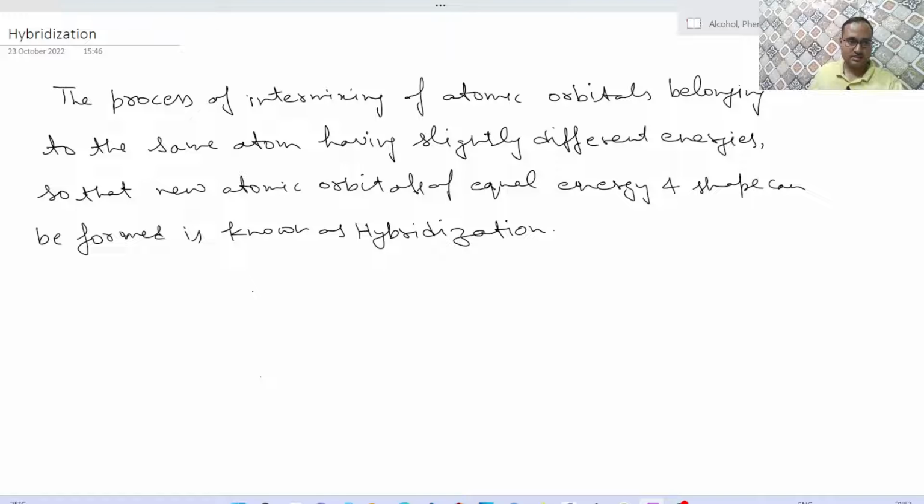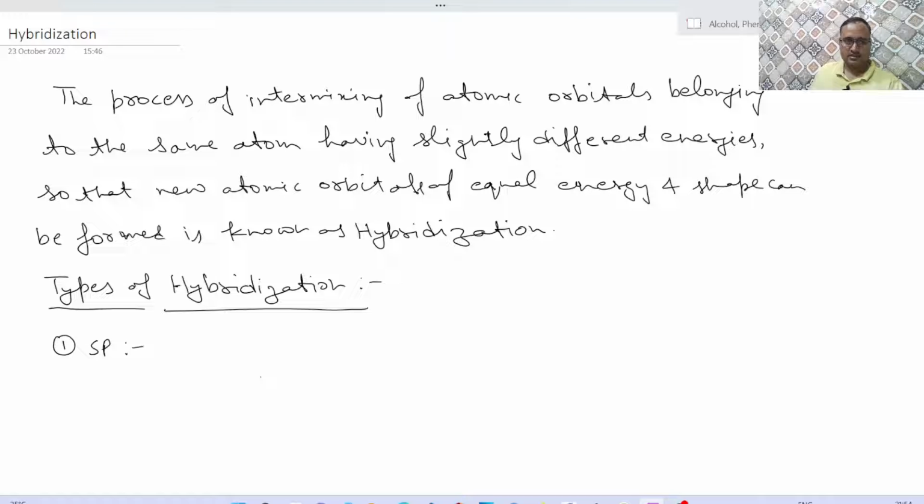Now let us study the types of hybridization. What are the various types of hybridization? So the first hybridization which we have to study is SP hybridization. As the name suggests, in the SP hybridization, one S and one P orbital is involved in the hybridization.